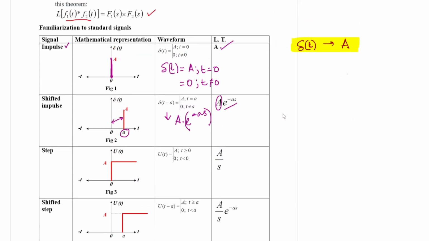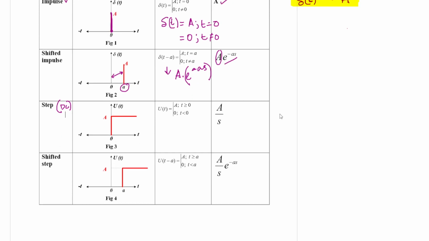The second standard signal is called step. It is actually a DC voltage or battery. It is very important. What is the definition? It is written with the symbol capital U(t).